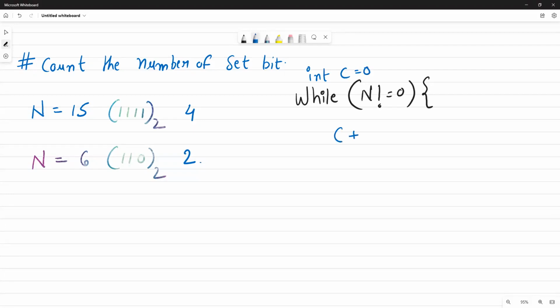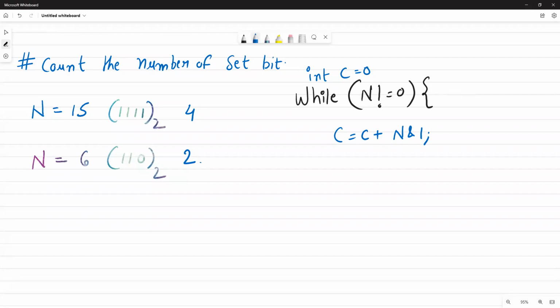So c equals c plus n and 1. When you do this, you will get to know whether your last bit is set or not, because if the bit is set, you get 1 as your answer. If the bit is unset, you get 0 as your answer.